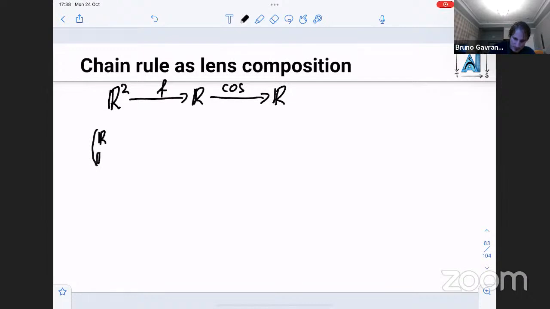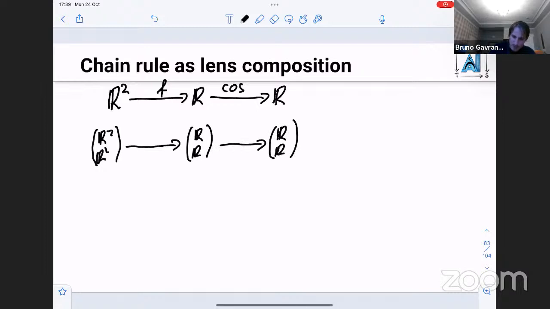Let's think of it like this: R squared to R. If I augment both of these maps, so this is a forward map and this is going to be the gradient. So I'm thinking of f and the backward path, the gradient of f, as a lens.